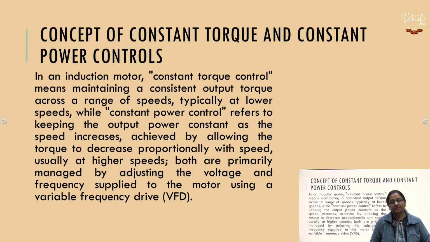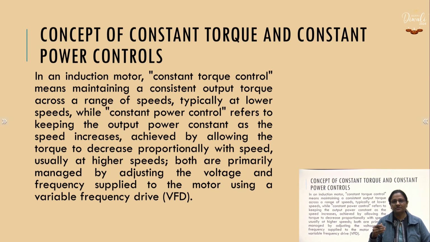If you remember the V by F control of three-phase induction motor, you have gone through during your 5th semester in the subject of Electrical Machines II. So in an induction motor, constant torque control means maintaining a consistent output torque across a particular range of speed, typically at lower speeds.